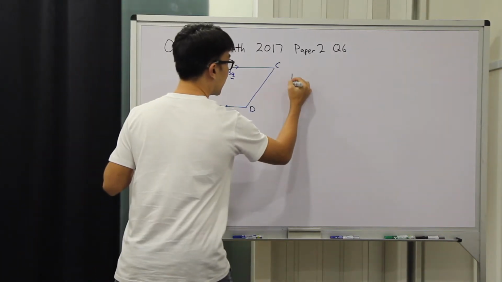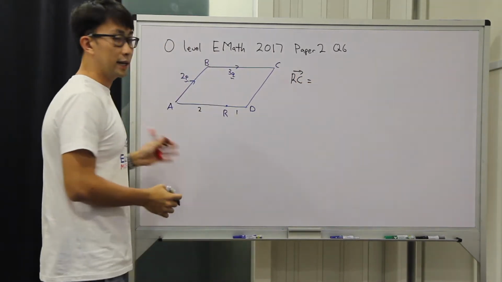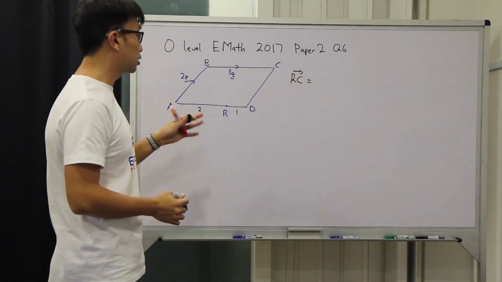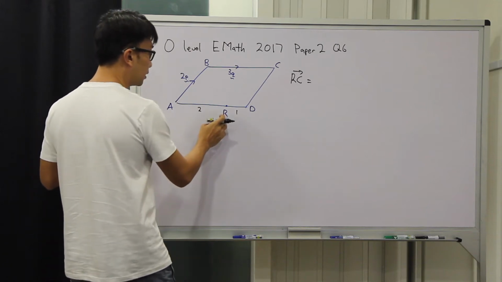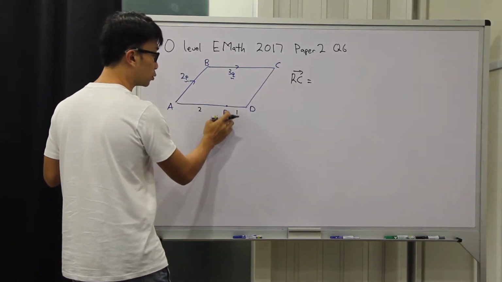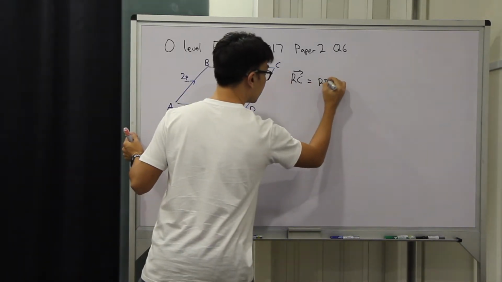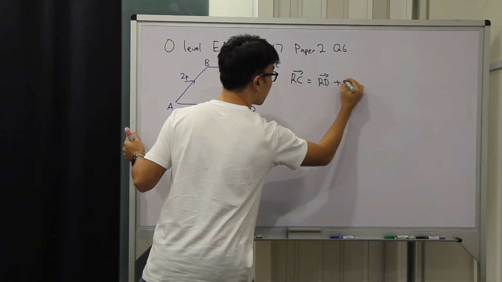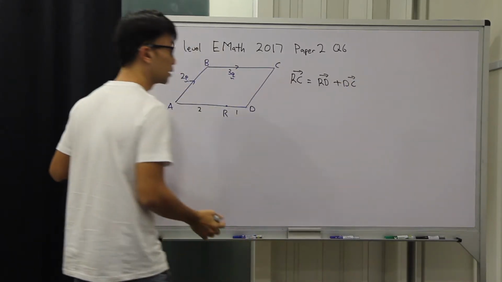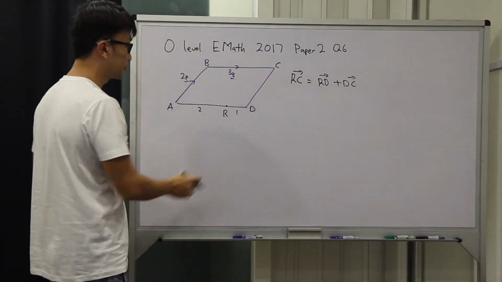So the question wants us to look for RC. We can actually use the addition of vectors to solve for this vector. We can have a look at this. RC is actually equal to RD plus DC. So now the first part is to solve for RD.